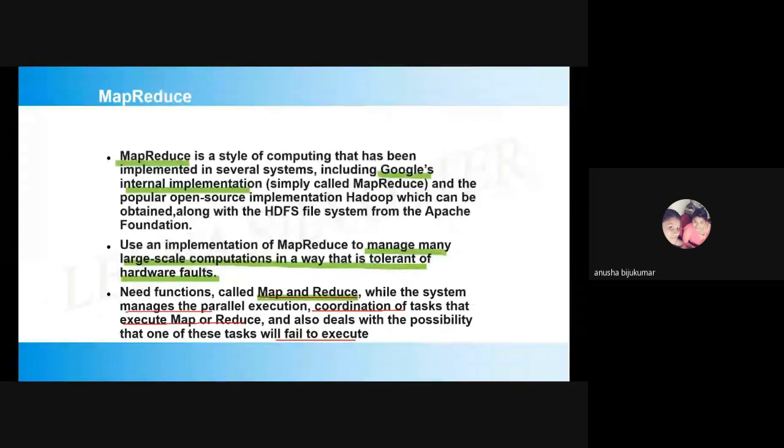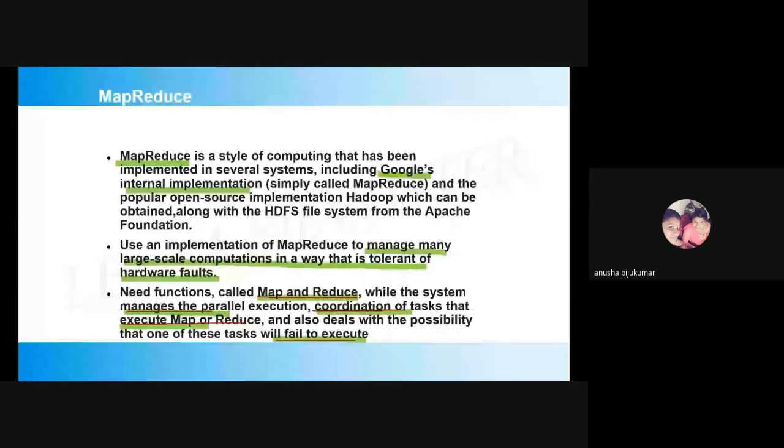It manages the parallel execution, coordinates the tasks, executes map or reduce, and keeps track of all the failures of the above tasks. Actually, MapReduce is implemented using two functions, map and reduce. It is used for parallel processing.